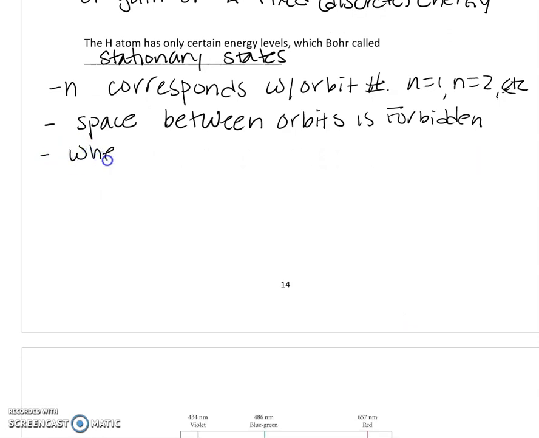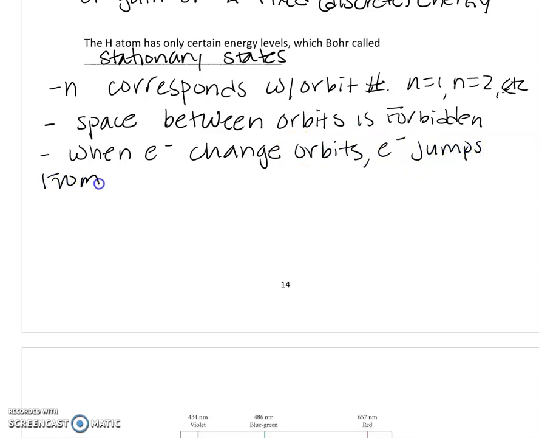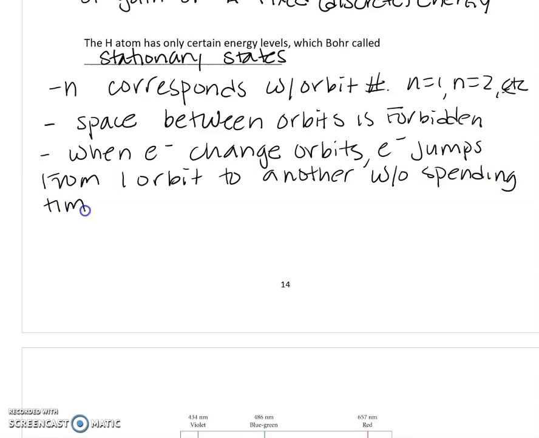And when our electrons change orbits, the electron jumps from one orbit to another without spending time in between orbits.